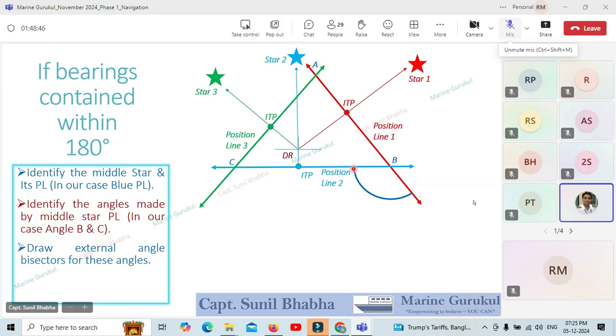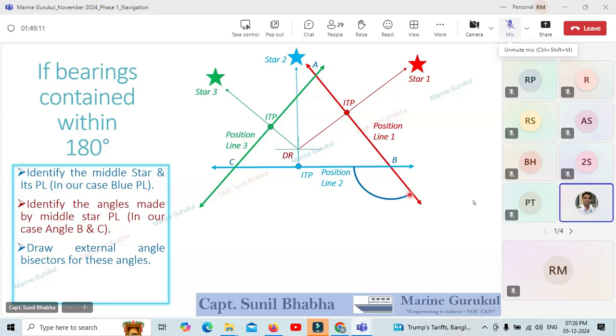Now, in the case where the bearing stretch was greater than 180 degrees, we drew the internal angle bisector. You see, this was the internal angle, and we had drawn the angle bisector of the internal angle which lies inside the triangle. But now in this case, we are going to draw the angle bisector of the external angle.